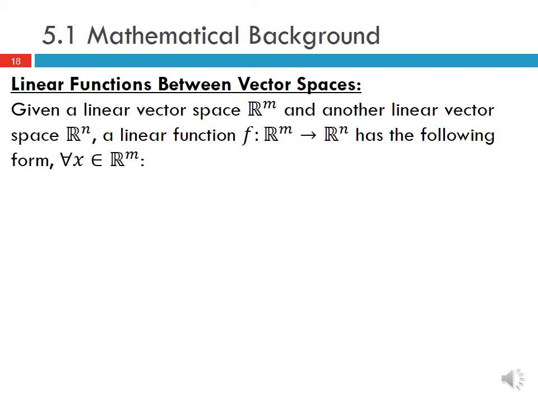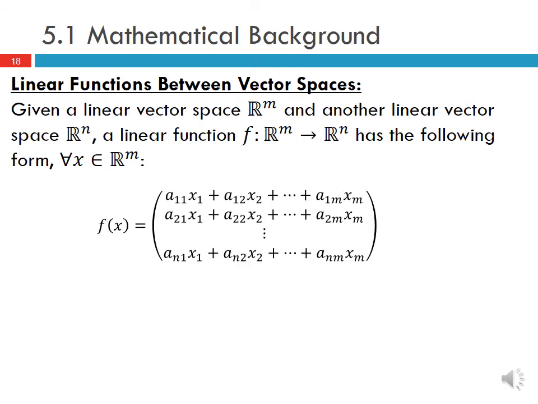So given a linear vector space Rm and another linear vector space Rn, a linear function f that goes from Rm to Rn has the following form for every x in Rm. We can write this set of equations, which we can basically define as this matrix.